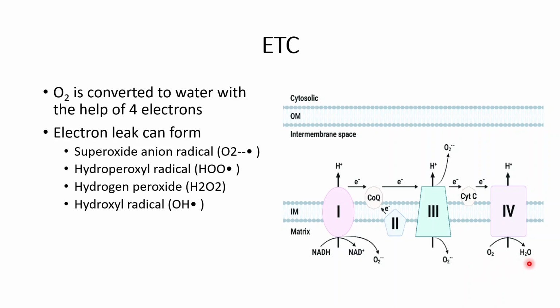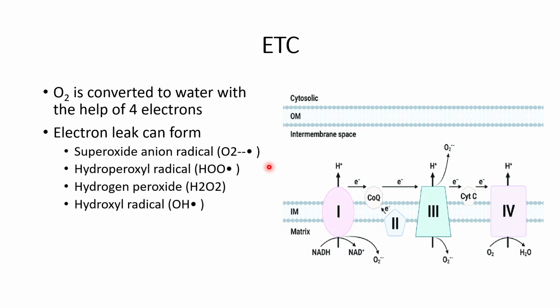Now sometimes what happens is that these electrons, instead of combining with oxygen and forming water, leak. When they leak, it can lead to formation of various reactive oxygen species, most commonly the superoxide anion, leading to formation of hydrogen peroxide, hydroperoxyl radical, or hydroxyl radical itself.